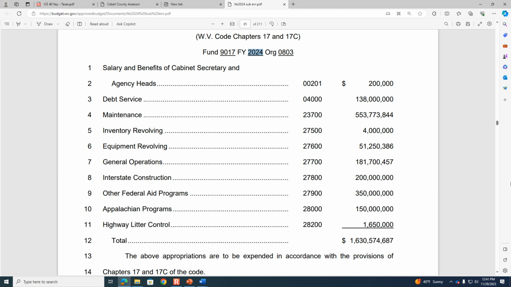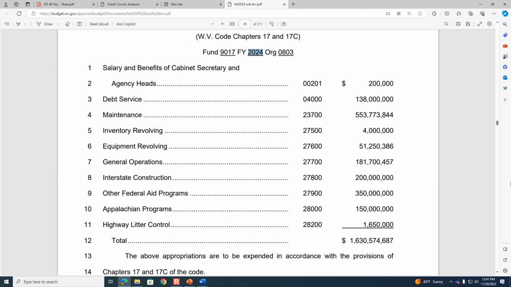So question one was asking, what is the total budget for the Division of Highways? It's $1,630,574,687. So that's their budget this year. Now that's just their baseline budget.